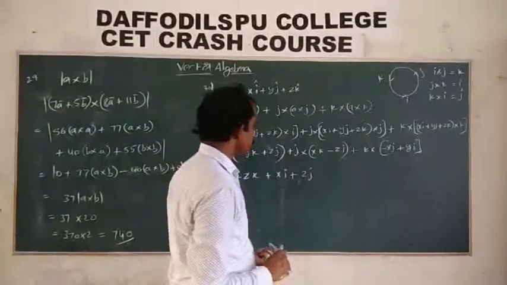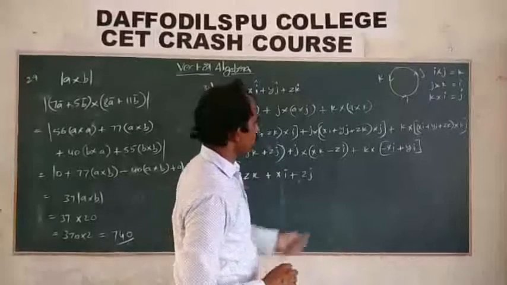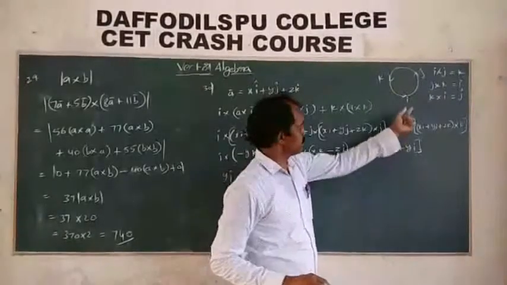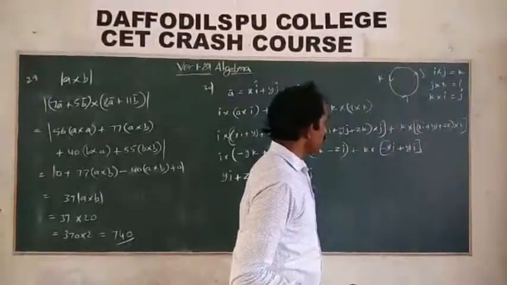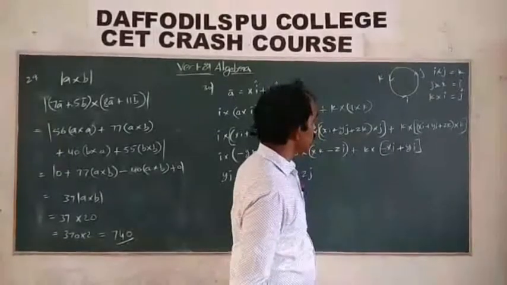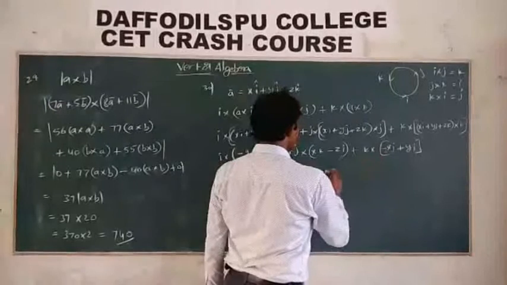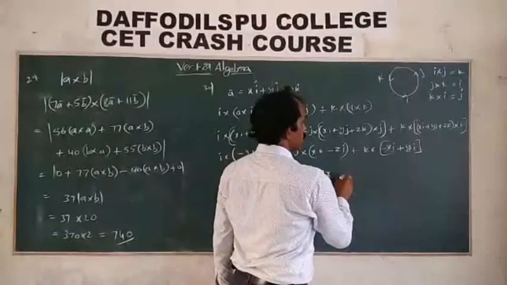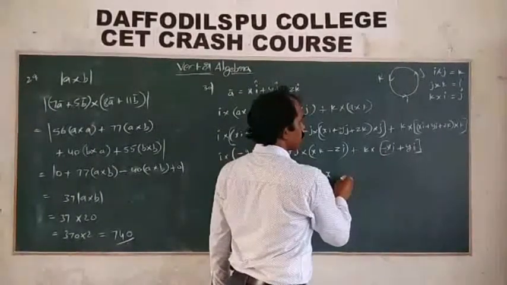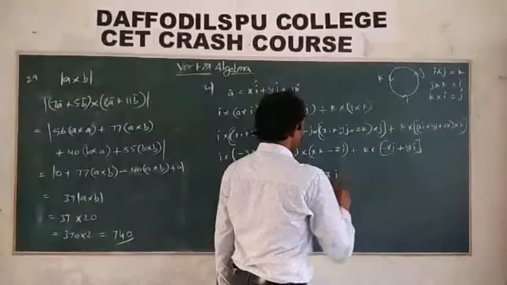Next, k cross j is minus of j cross k, minus into minus plus xi.